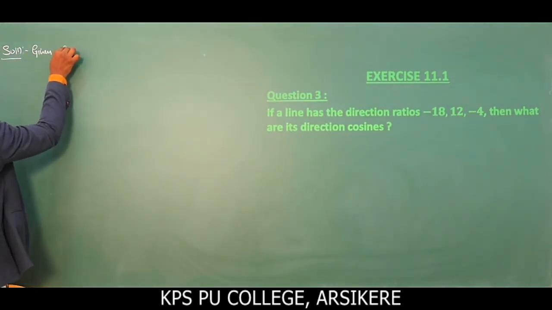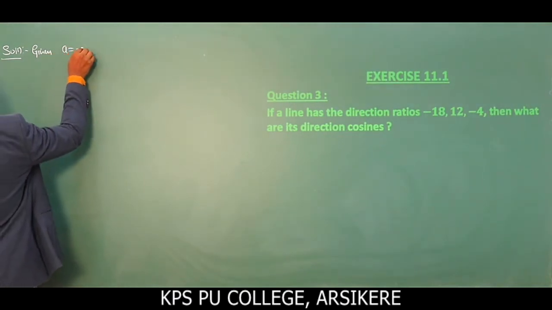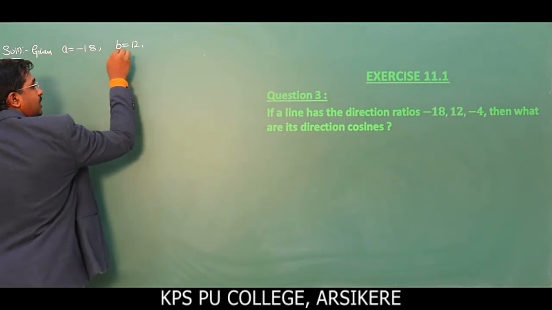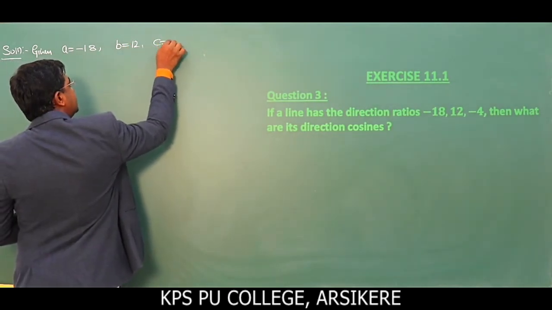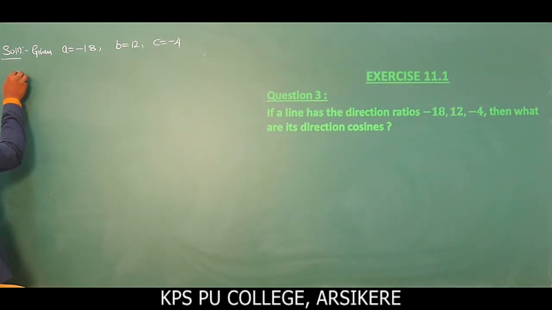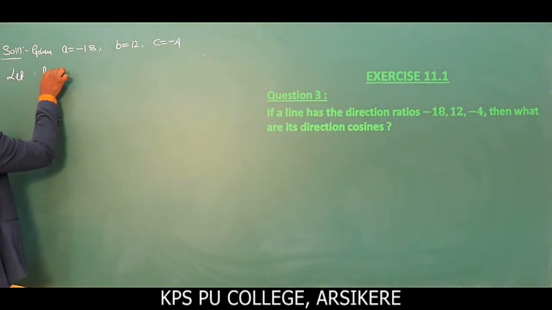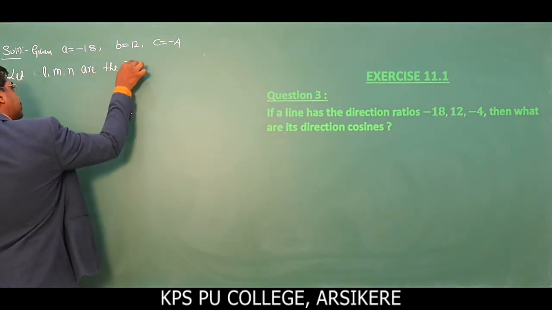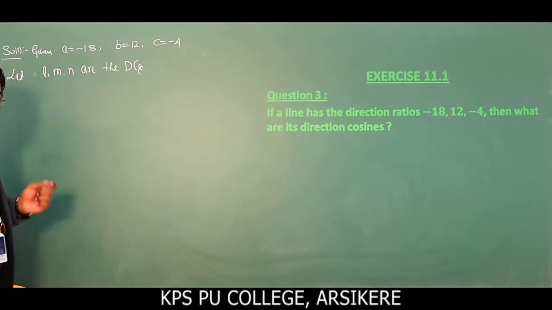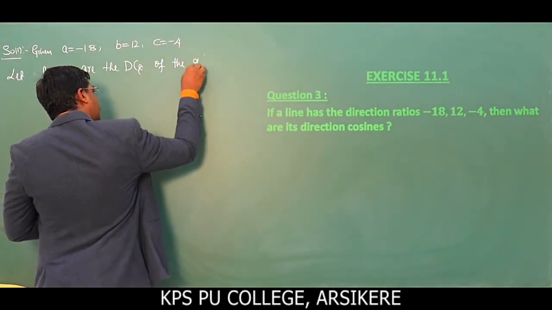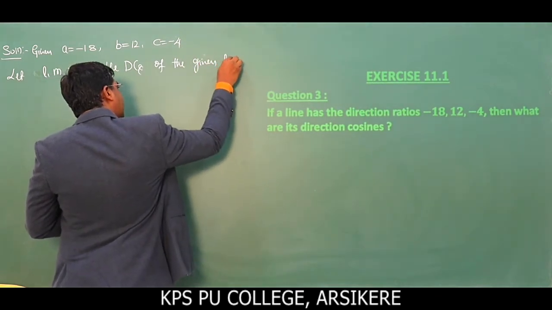Given A is equal to minus 18, B is equal to 12, and C is equal to minus 4. Let L, M, N be the direction cosines of the given line.